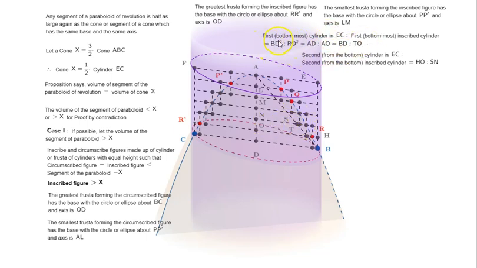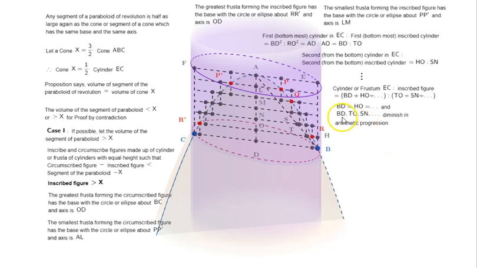If we follow the same procedure for this, we end up with HO is to SN. And like this, we keep going through the various slices. So finally, we can say cylinder of frustum EC, the entire thing, is to the inscribed figure is equal to BD plus HO plus this plus this plus this plus this is to TO plus SN plus this plus this plus this.